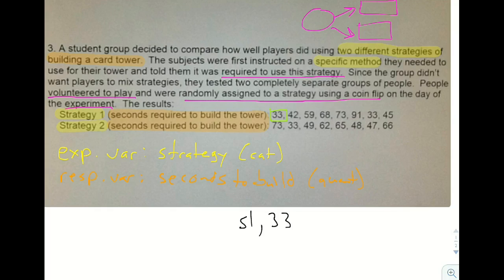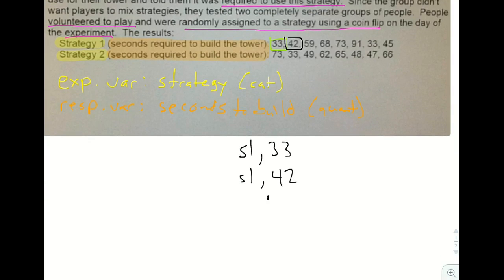The next one, that 42 right there, is also from strategy 1, so that's going to be S1, comma, 42. And we're going to continue that on for all of the strategy 1s, and then we're going to get down to the 73. And we're going to say strategy 2, 73, S2, 73. And that's how the data is going to be entered.